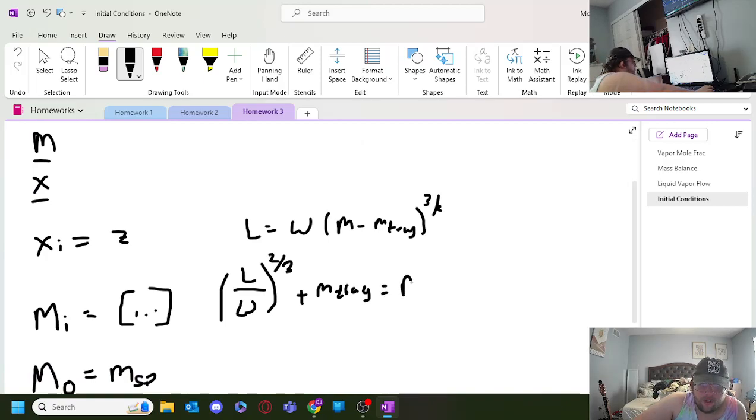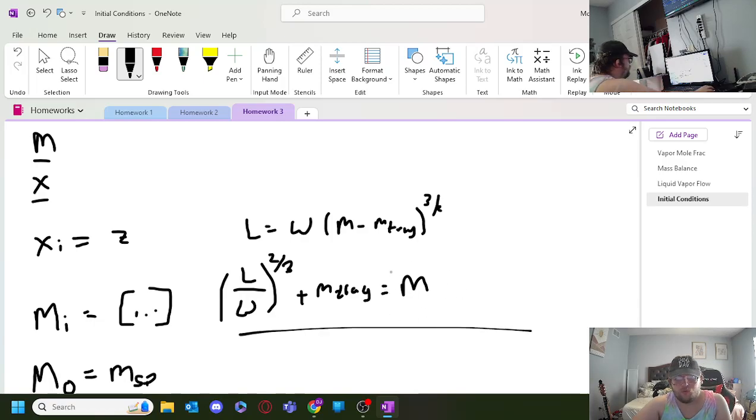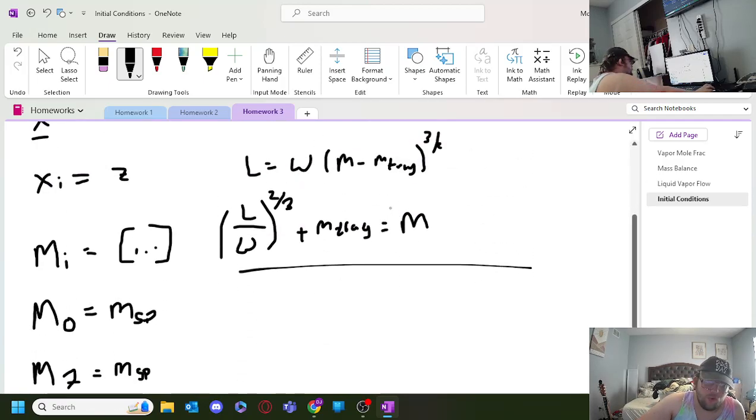And then that will get us our initial mass in each tray for stages 1 through 6.